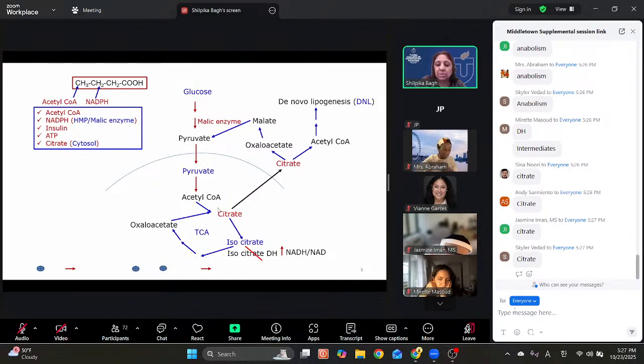But remember, as I told you in my lecture, when you are in a high insulin, high ATP state, especially high ATP, there is a backup, but you still need a forward flow. Then who comes in to overcome ATP inhibition on this pathway in a high insulin and high ATP state? It is insulin, fructose 2,6-bisphosphate.